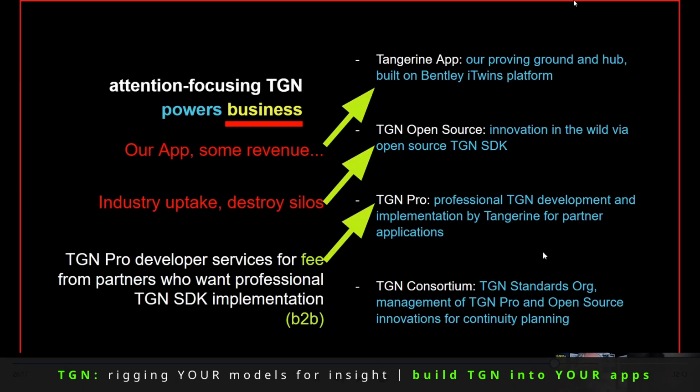This is about... we have really good developers at Tangerine who are really good at developing TGN and keeping one eye on enhancing it and making it more and more powerful and cover more and more scenarios and more data types and so on.